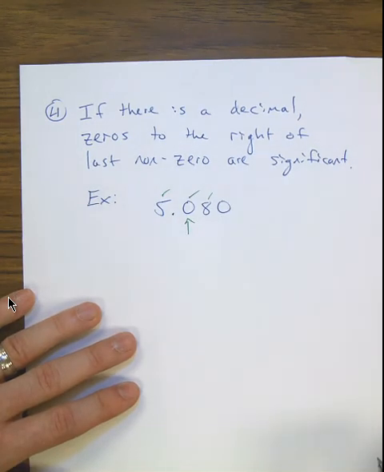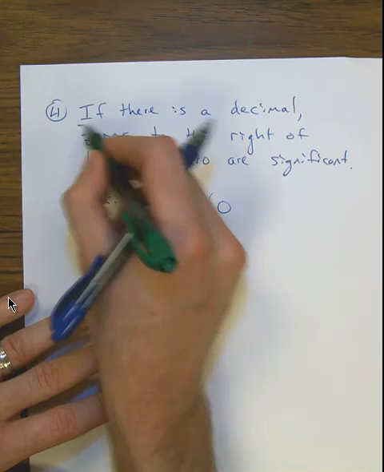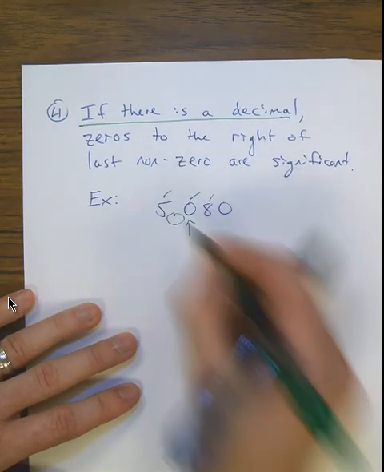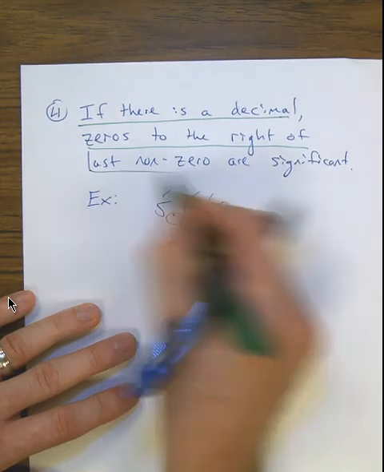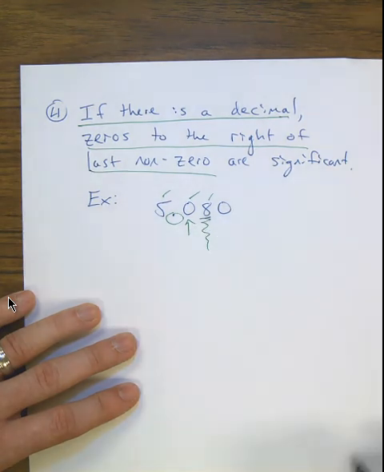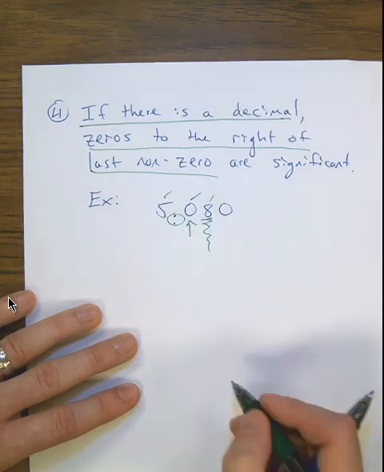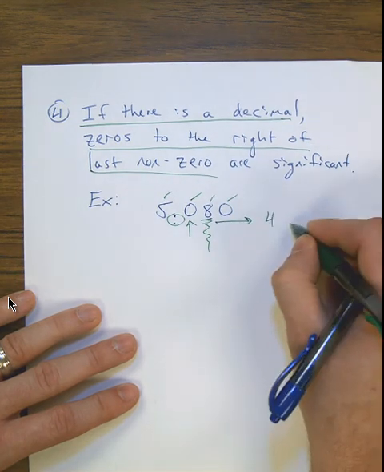Squished zeros count. Now, it says in rule 4, if there is a decimal, and there's a decimal, zeros to the right of the last non-zero are significant. The last non-zero is this 8 right here. That means because there's this decimal, anything to the right of it counts. So I have a total of 4 sig figs.